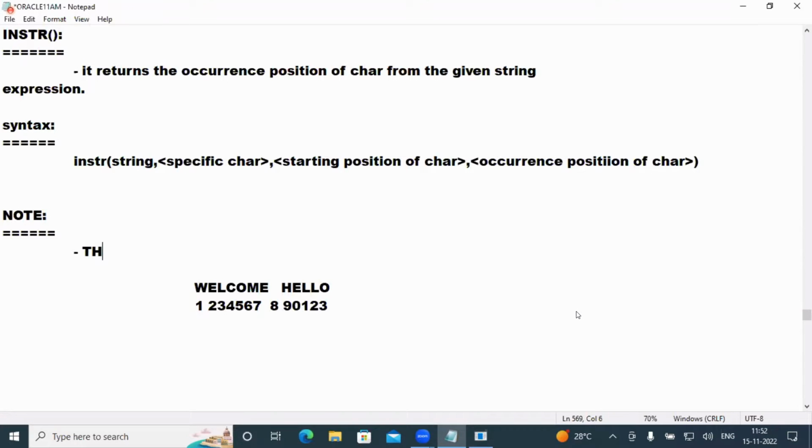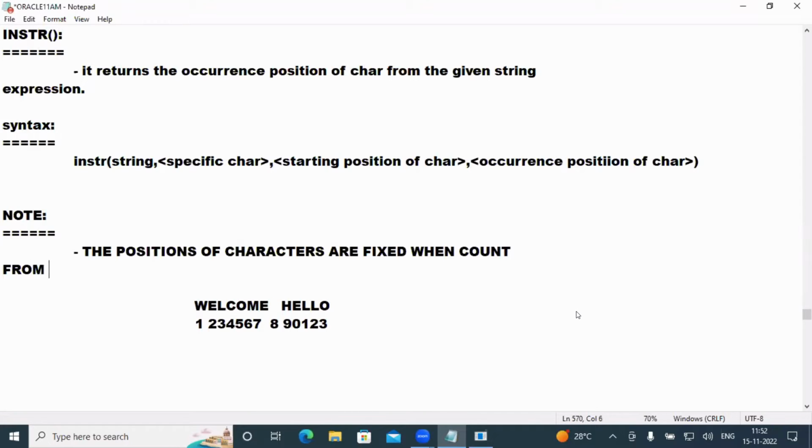That means the positions of characters are fixed, whether we count from left to right or from right to left.